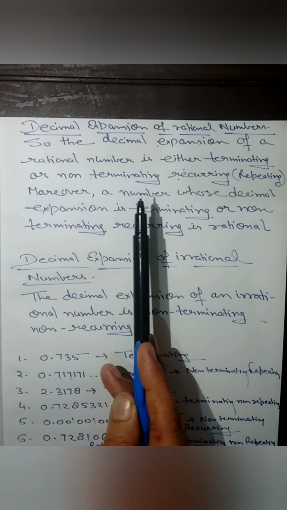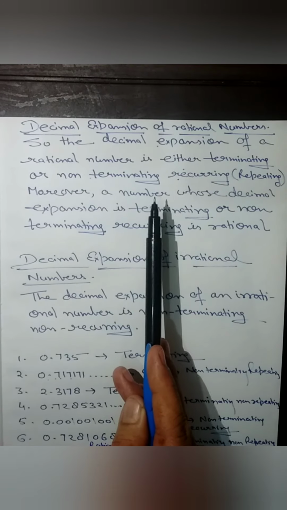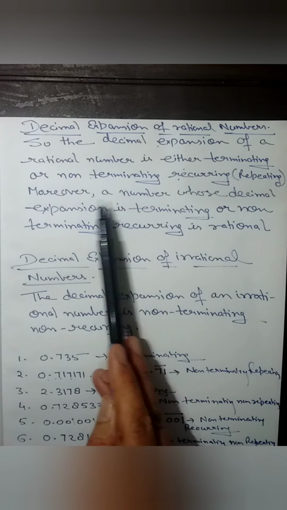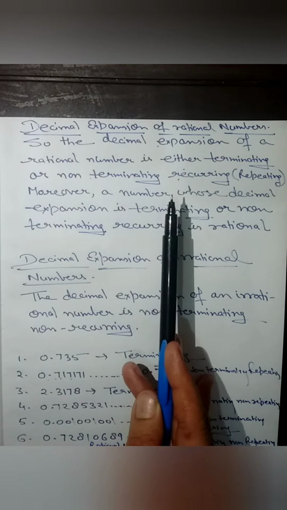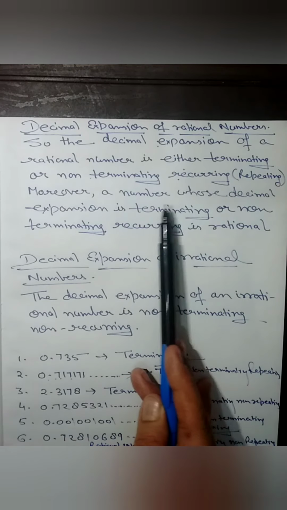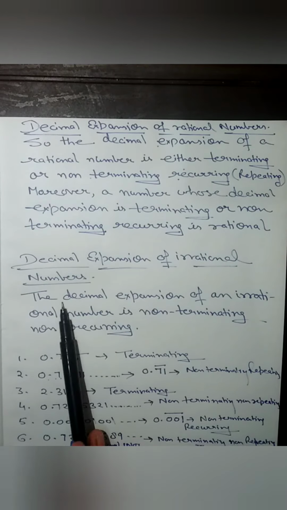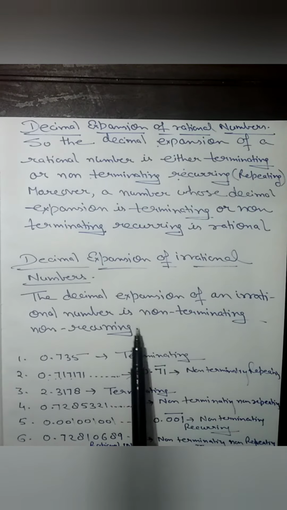If we have terminating or non-terminating repeating decimal expansion, then the given number is a rational number. And if a number is a rational number, its decimal expansion will be either terminating or non-terminating recurring. On the other hand, the decimal expansion of an irrational number is non-terminating, non-recurring.